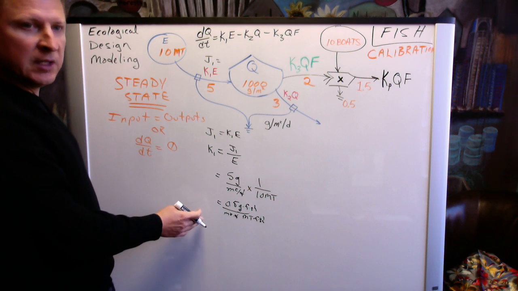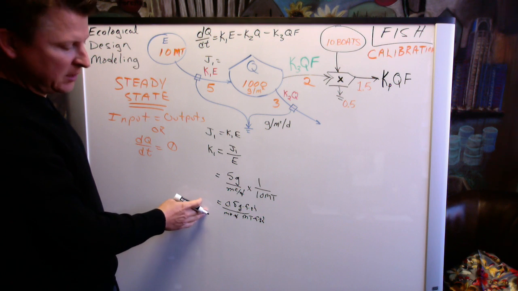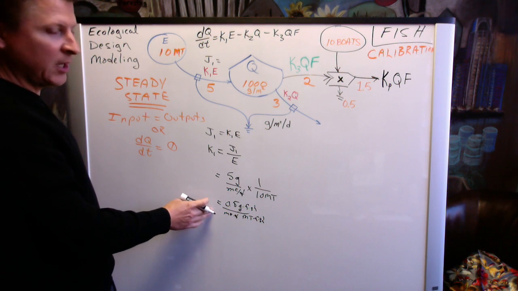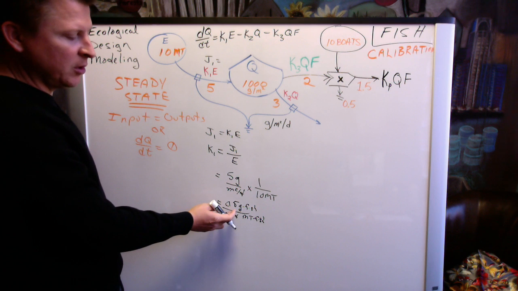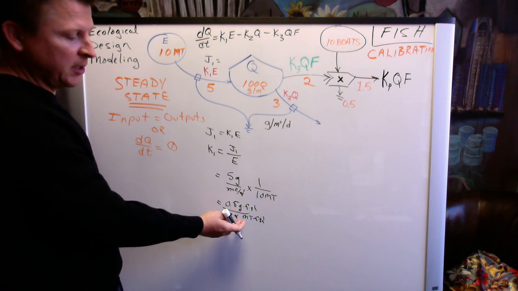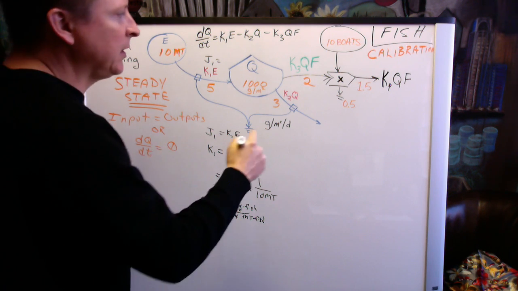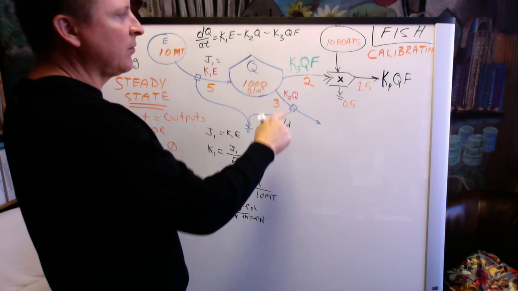We're going to leave it in these units because this makes it easier for us to interpret the meaning behind this. We're not going to cancel out units even though we know that we have mass in grams in the numerator and metric tons in the denominator. Next step would be to calibrate for K3.